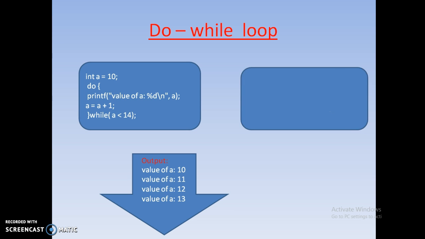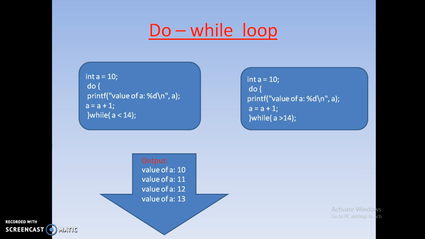There is another exceptional case, that is the same example that I am taking here too. That is, we declare a variable a and assign a value 10 to it. Now within the body, print the value of a and a is equal to a plus 1.